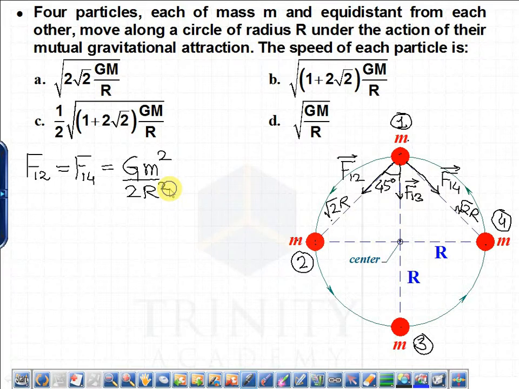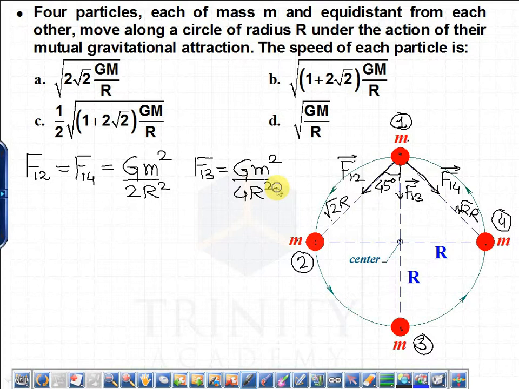If we consider the force magnitude between 1 and 3, then F13 is equal to Gm square divided by the square of the distance between 1 and 3. Between 1 and 3, the total distance will be r plus r, that is 2r. 2r whole square will become equal to 4r square.